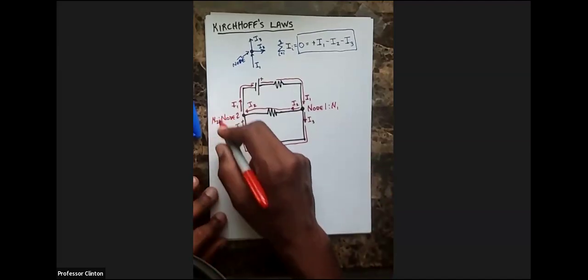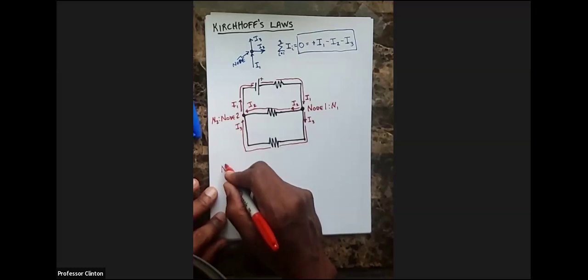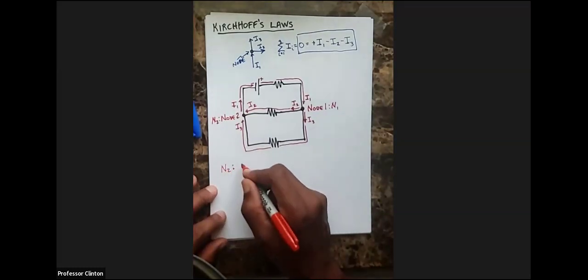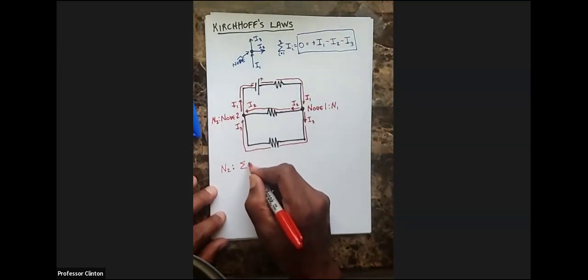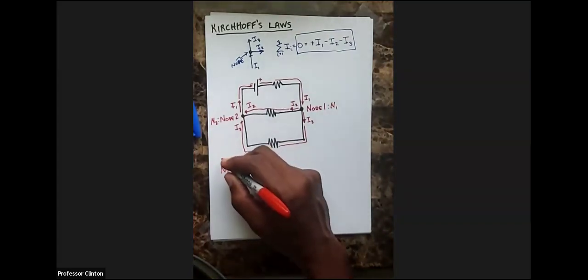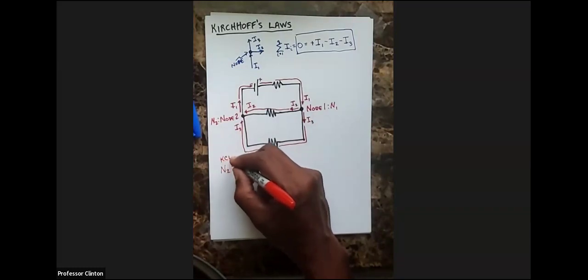So let's look at N2. At N2, we're going to be summing all the current. So we're using Kirchhoff's junction or current law. You'll sometimes see it as KCL.